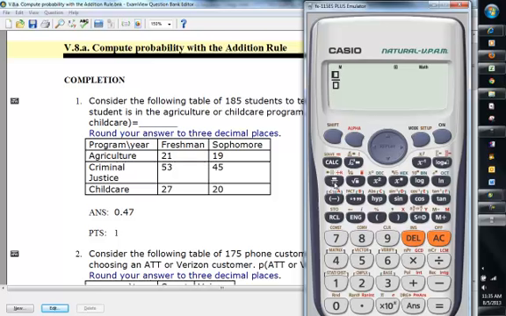So it's going to be a fraction of 21 plus 19, that's the agriculture, plus the child care, 27 plus 20, out of 185, because it says there's 185 children, and you get 0.47.